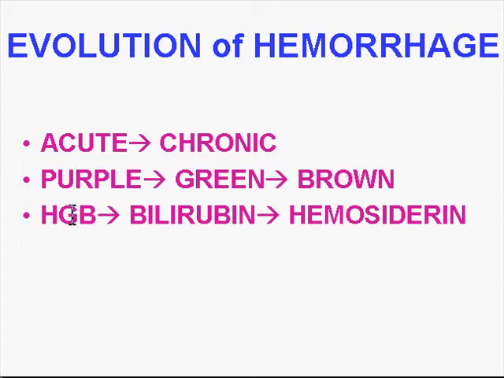In the earliest stages, it's hemoglobin, which is purplish red, at least to the eye, grossly. Bilirubin becomes a main product after some amount of time. And of course, in chronic hemorrhage, hemosiderin is the main product. So that's the reason why purple, green, and brown generally are seen as hemoglobin, bilirubin, and hemosiderin, respectively.